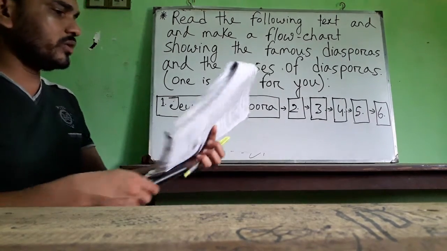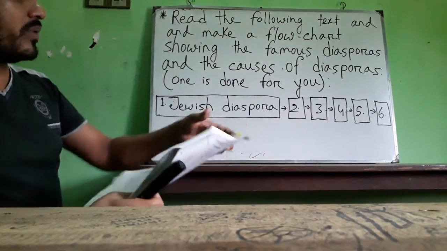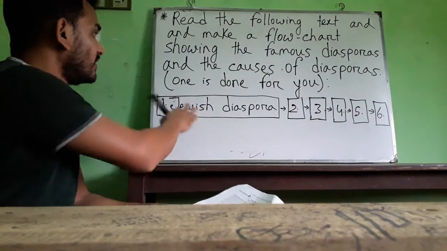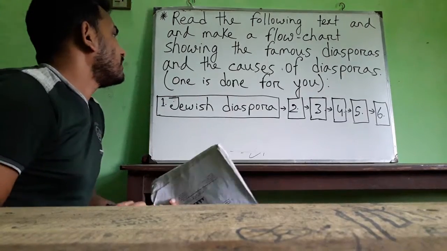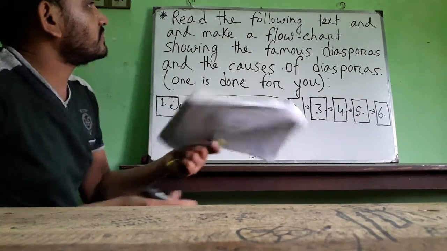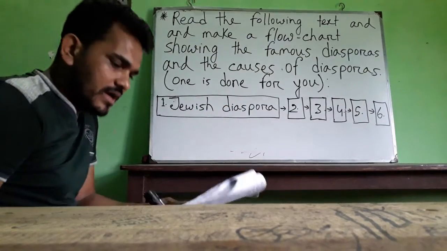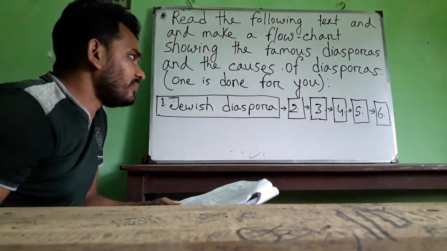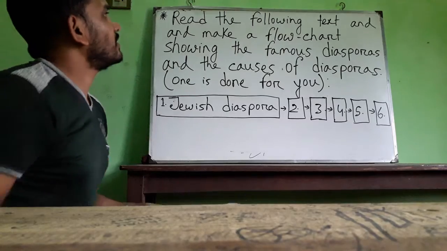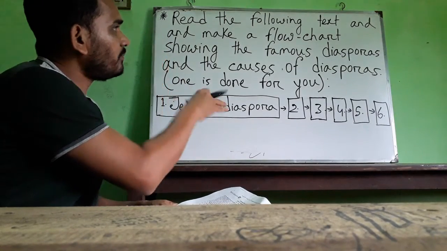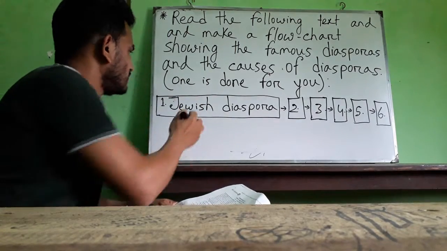So for number 2, in the first three boxes we will show the names of famous diasporas. So the first one is Jewish diaspora, and you may give the name of another diaspora.